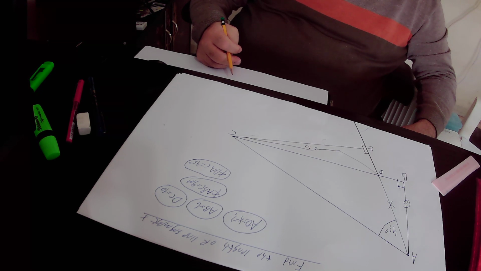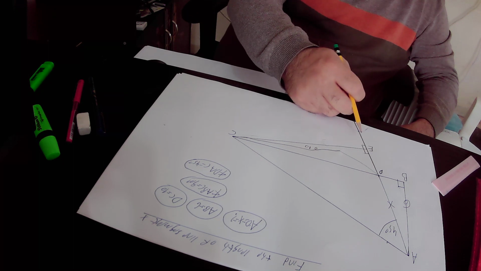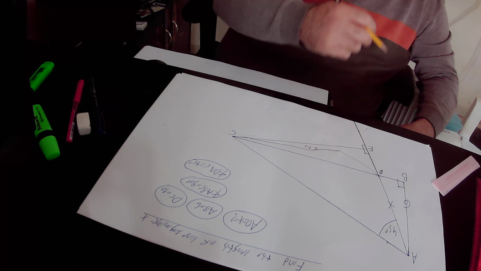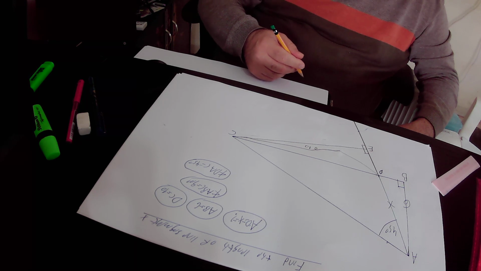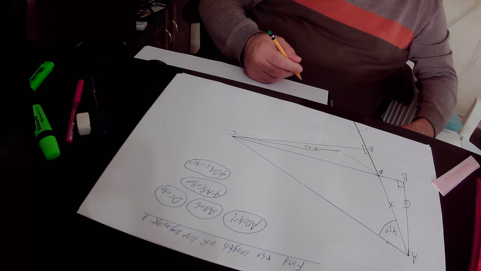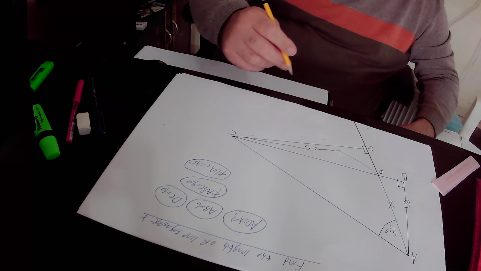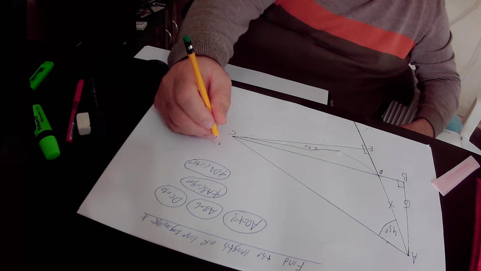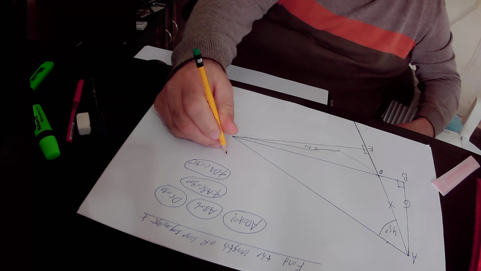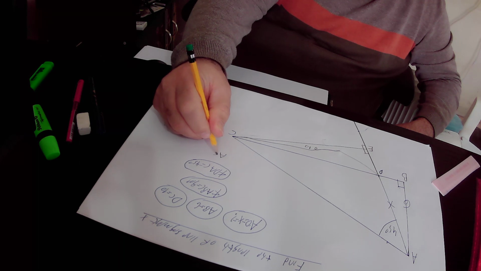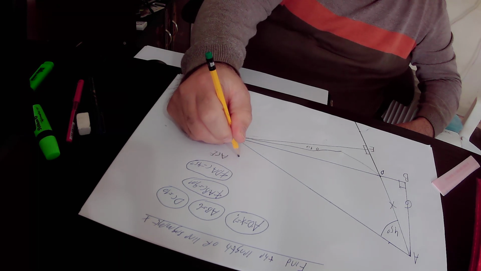So we actually created triangle ACE, that is a right triangle. In the right triangle ACE, the sum of the angles must be equal to 180 degrees. So, which angles do we have in the right triangle ACE?